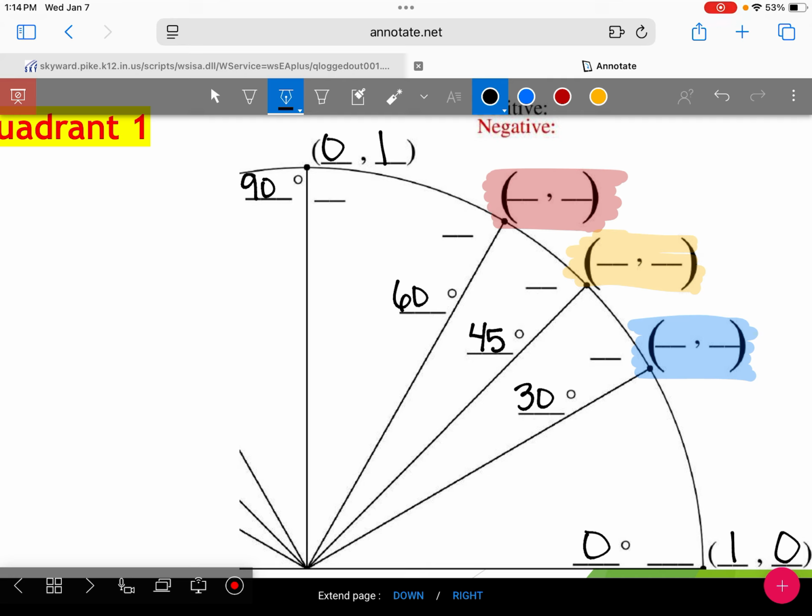So what I want you to do is, starting with the x values, put a 3 and count backwards. And then for your y values, we're going to start with a 3 at the top and count down. And all of these are over 2.